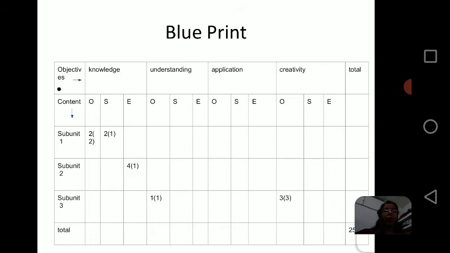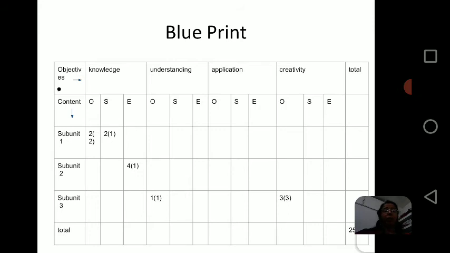So 2 objective type questions from subunit 1 under the objective knowledge. It means the teacher wishes to prepare 2 objective type questions from subunit 1 in order to measure the knowledge objective. Got it?